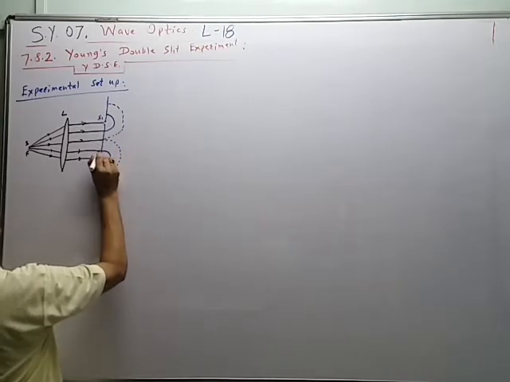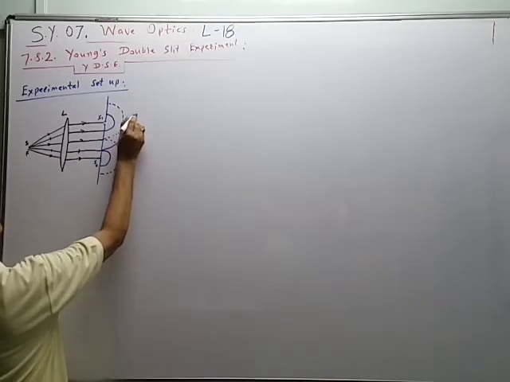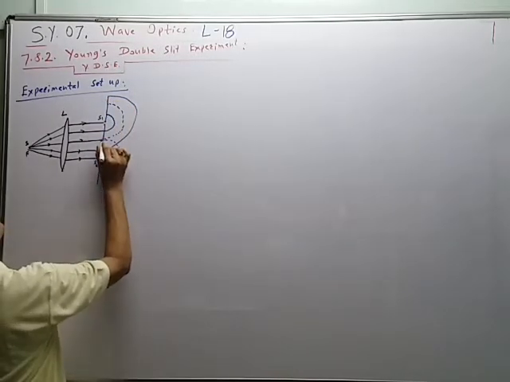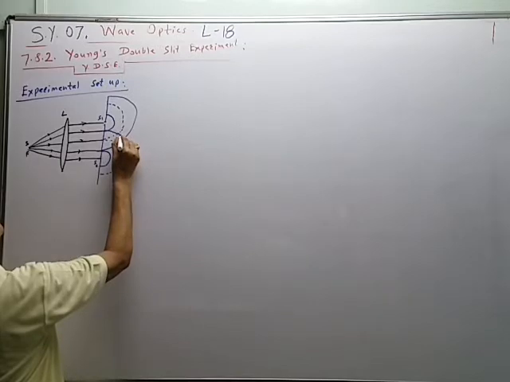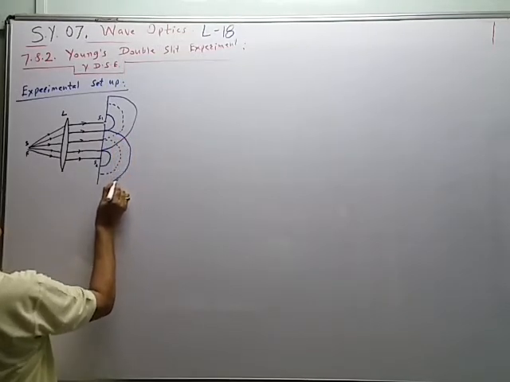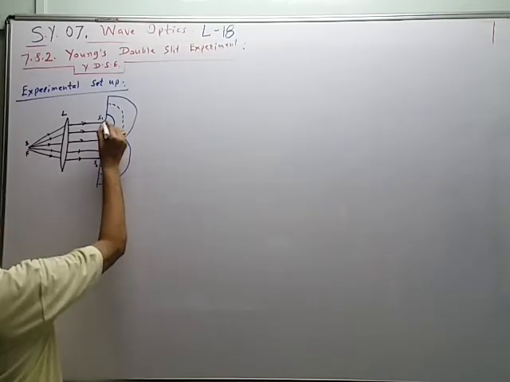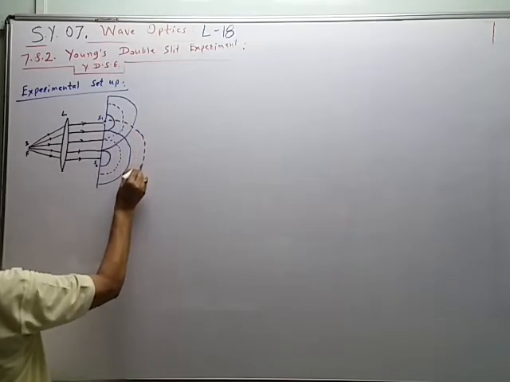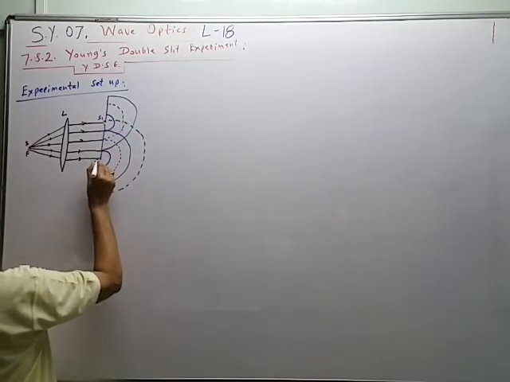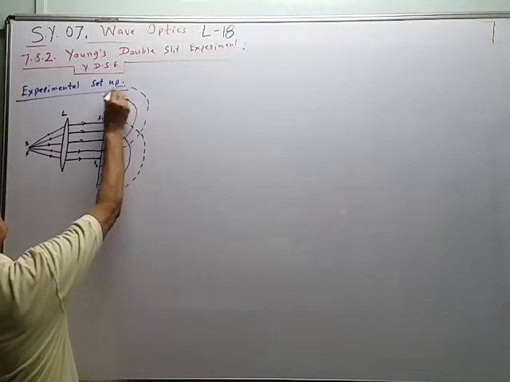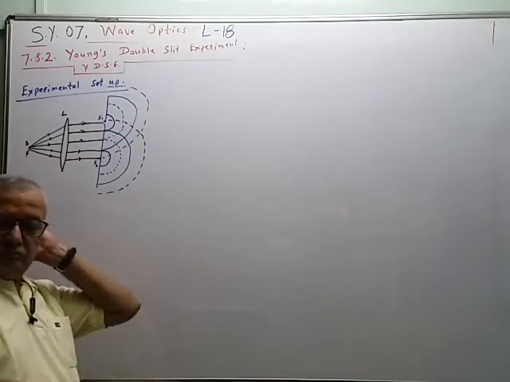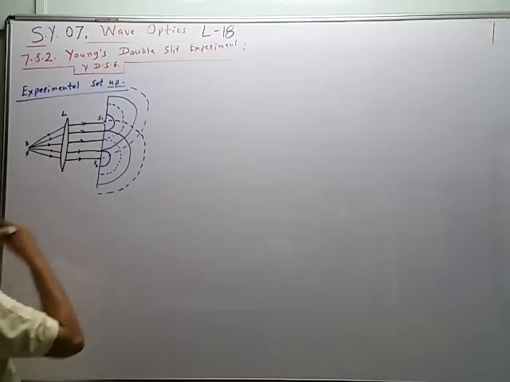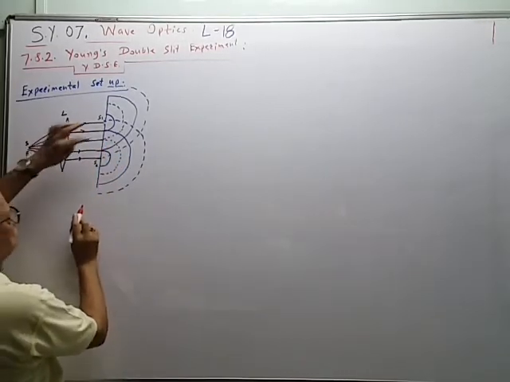Circle of crest, circle of crest, like this, circle of trough, circle of trough. So these are the points of constructive interference.